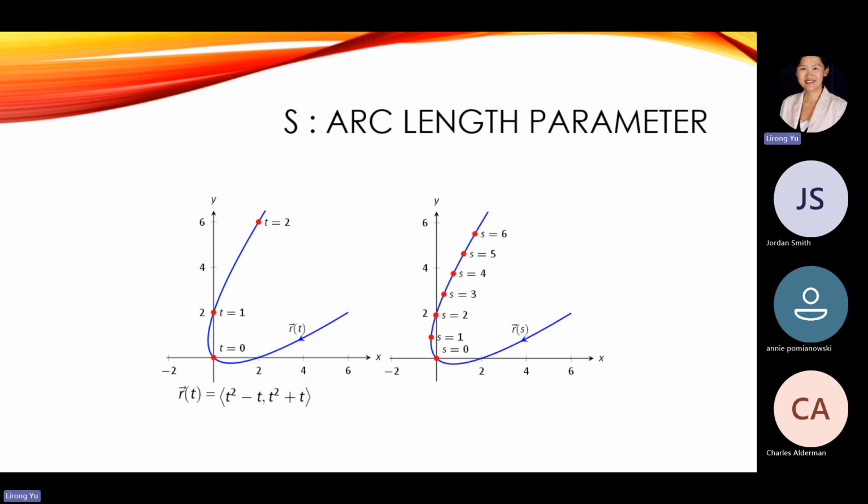But you can see these 2 pictures are different. The first one was using the original parameter, which is t. So if t equals -2, we're at 6, t squared minus t, equal to -2. That's 6 and 2, and then t equal to -1, t equal to 0, t equal to 1, t equal to 2.